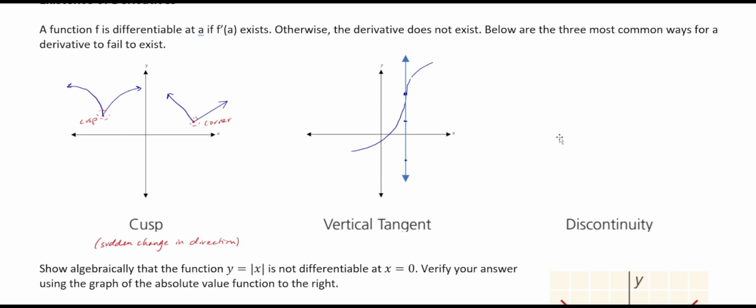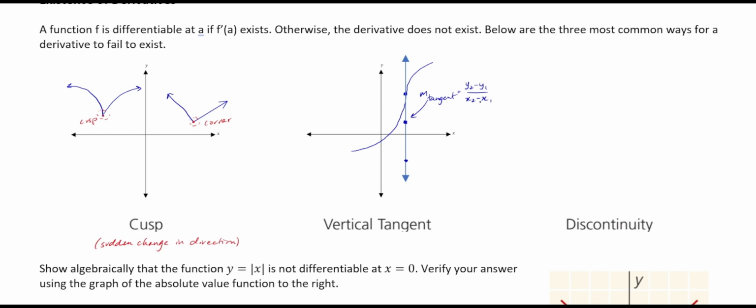And what we're going to do now is we're going to find the slope of that tangent line. So if I want to find the slope of the tangent line, I do y2 minus y1 all over x2 minus x1. But what you'll notice is, say we have 2 points on this line, which is vertical. You'll notice that even though the y values are different, the x values are the same. So for example, there's going to be an x value here, there's an x value here, and those x values are identical.